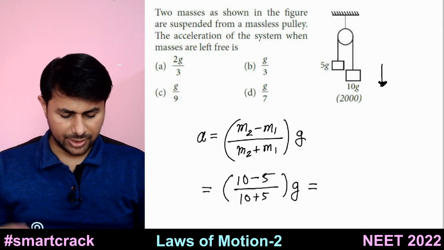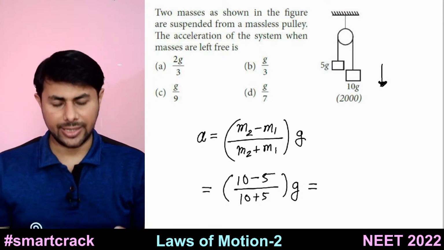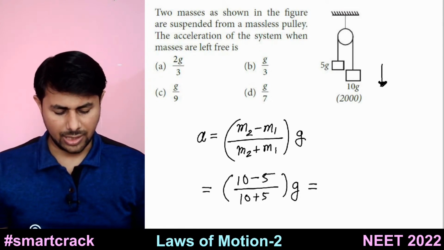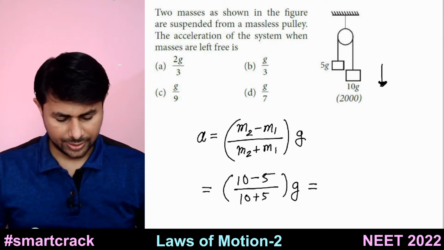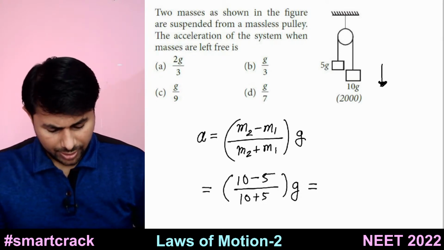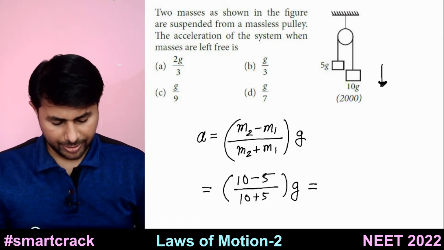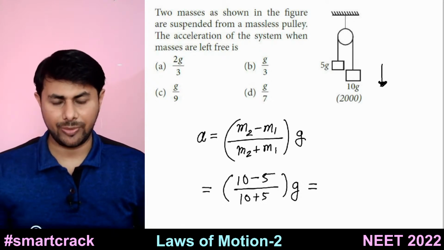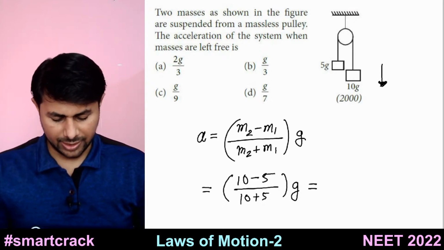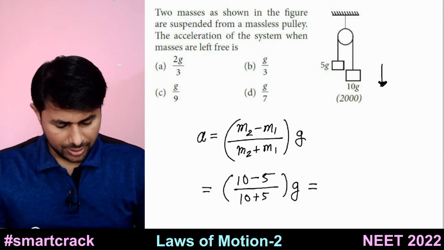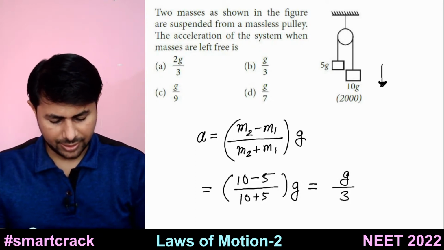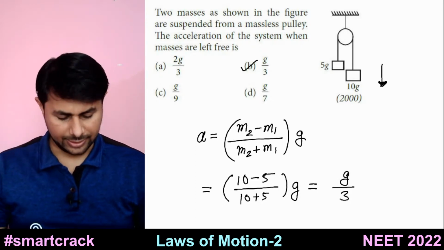We are not converting it to SI units because the units will cancel out. So 10 minus 5 is 5, 10 plus 5 is 15, it is 5 divided by 15. So that's 1 by 3. So the answer is g by 3. Option B is the answer.